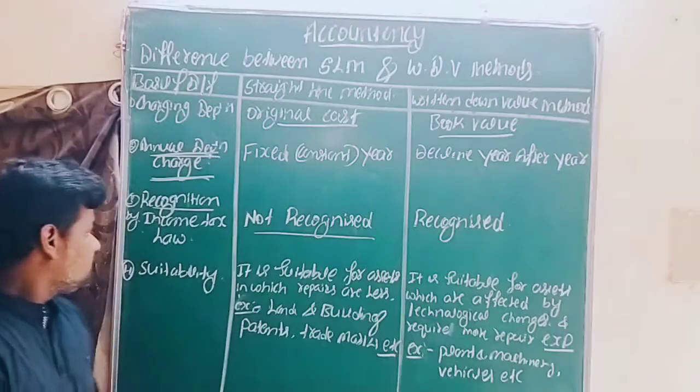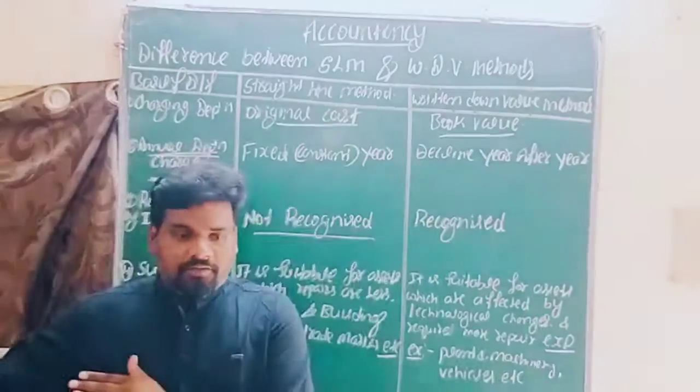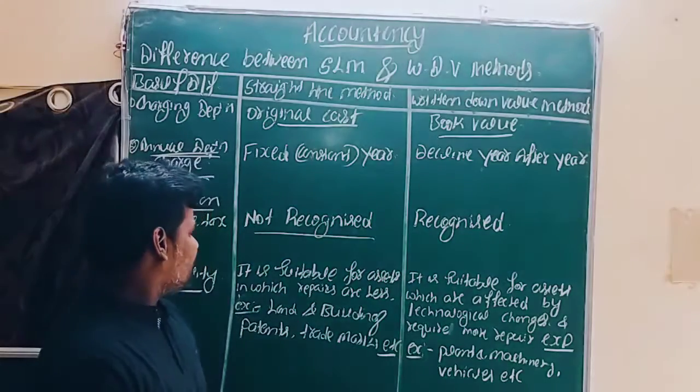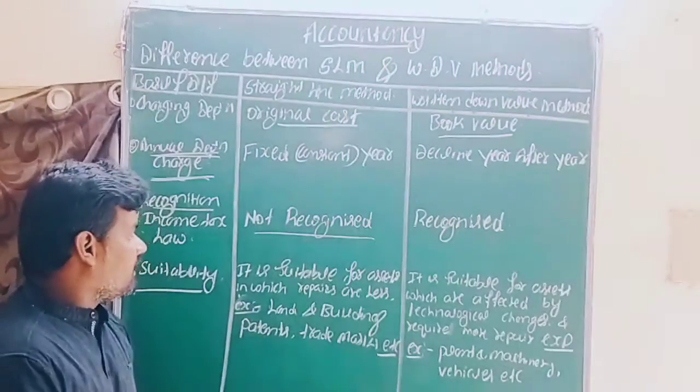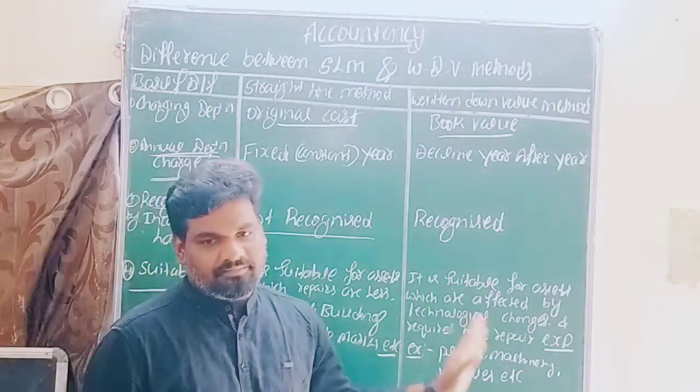The next one is suitability, I mean which method is suitable for which assets. The straight line method is suitable for assets in which repairs are less.